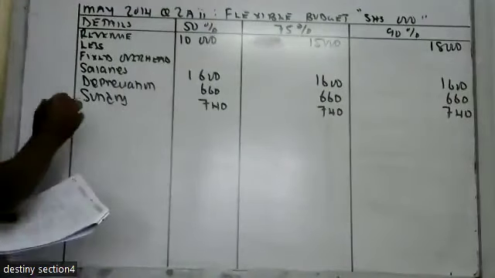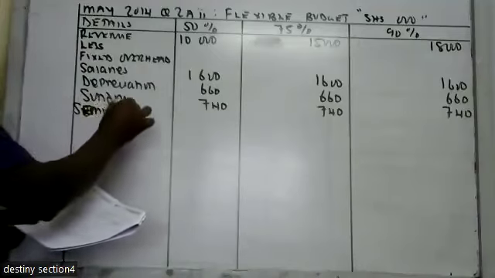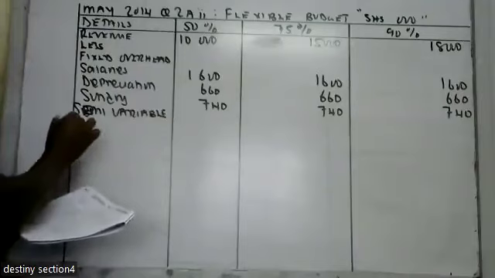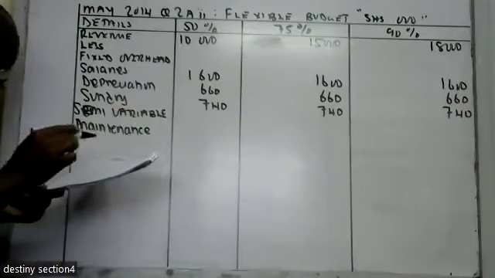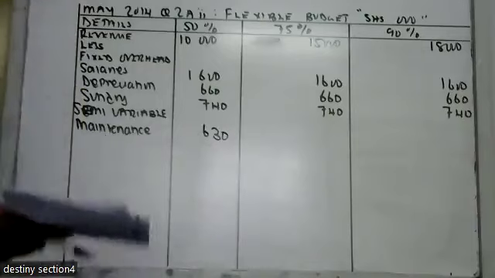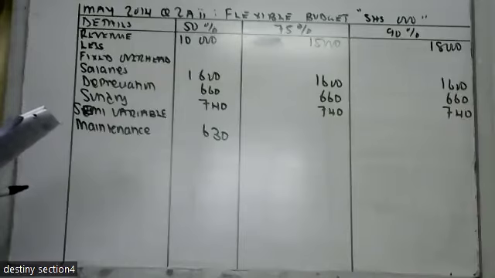Now we come to semi-variable expenses. So semi-variable, we start with maintenance. Now maintenance at this one is 630. But tunaambiwa because it is semi-variable, they remain constant between 45 to 65. Then they increase by 10%.